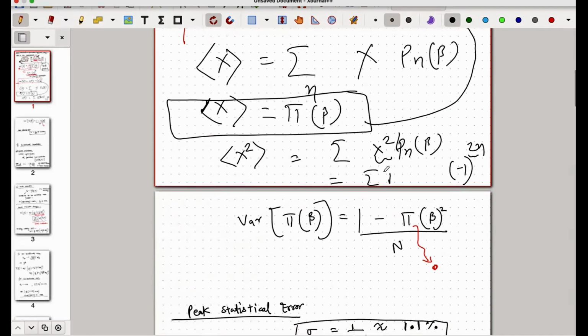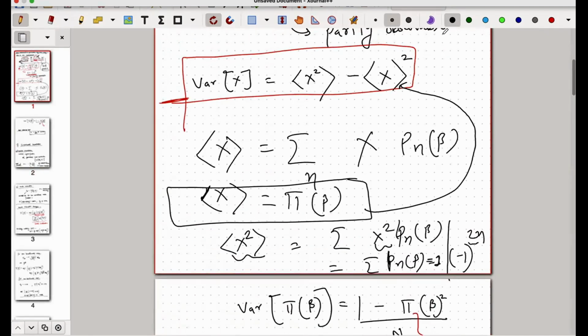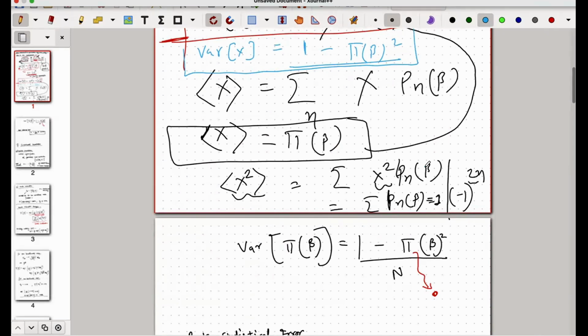And then this is just a sum of P_n(β)s, that is eventually 1. So this X square will be 1. So here I can just put it like 1 minus π(β) square. So the variance in X will look like this.